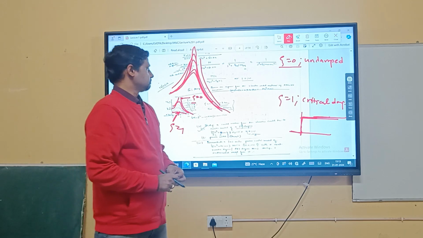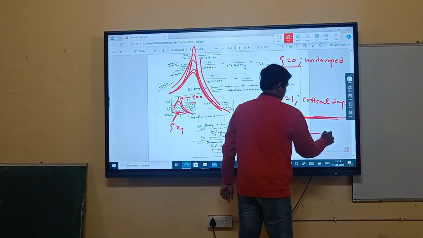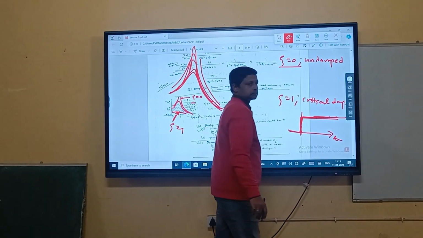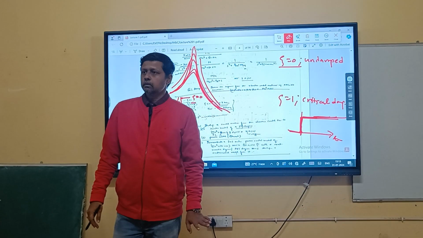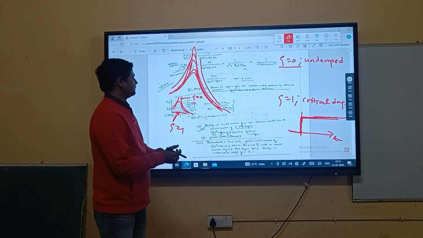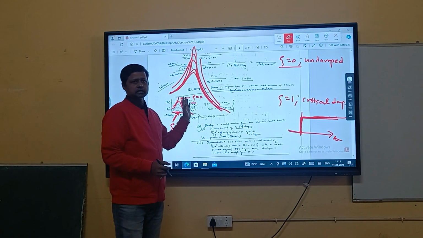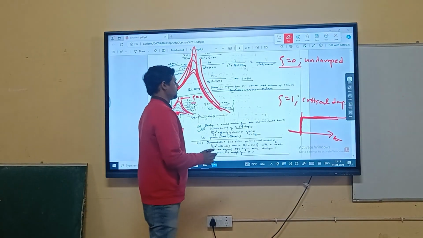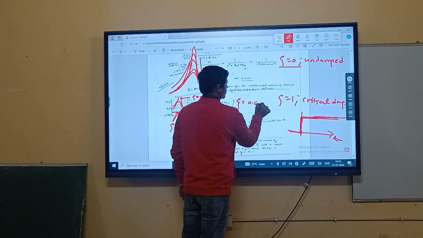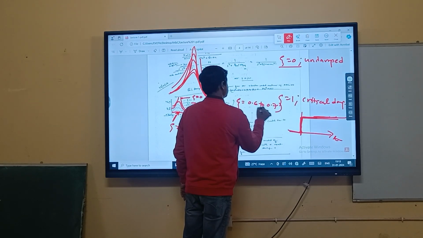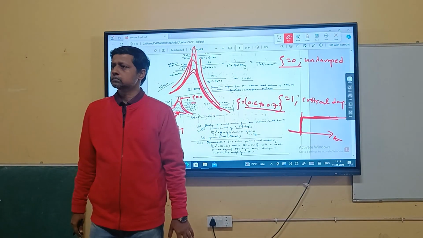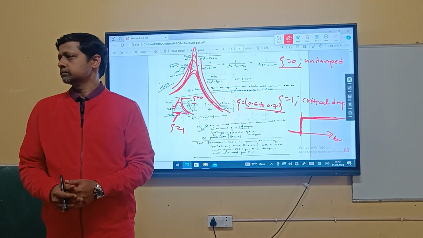This one is time, this one is on frequency. So that is the reason why deliberately, in most of these systems, we try to have the value of damping ratio between 0.6 to 0.7. Most, not all, highly desired application.